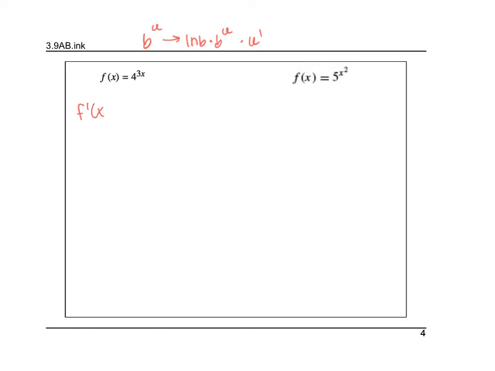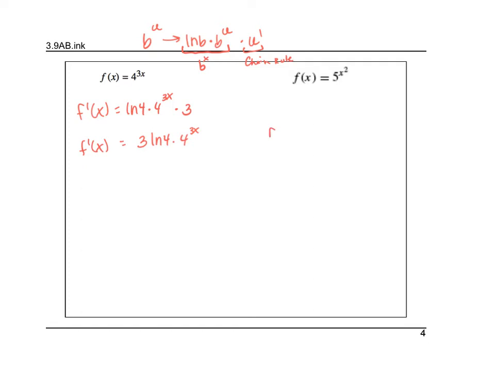So f prime of x is going to equal ln of 4 times 4 to the 3x times 3, where the ln b times the b to the u portion is the rule for the b to the x prime, and the u prime comes because it's a chain rule. The only way I would really clean up my answer for this one, I would put the 3 out in front. 3 ln 4 times 4 to the 3x.